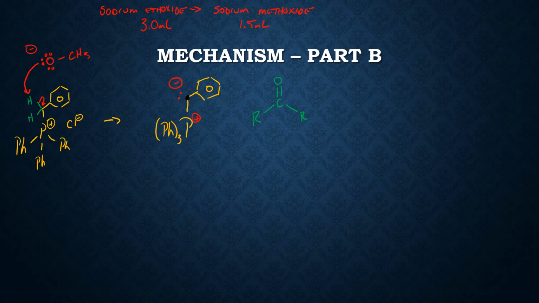The negative attacks the positive. The negative ion that we just made attacks the positive carbonyl carbon, kicks up the pi bond. So PPh3 there, right? There's our black carbon. There's our benzene ring. Let's see if we can fit this all together.